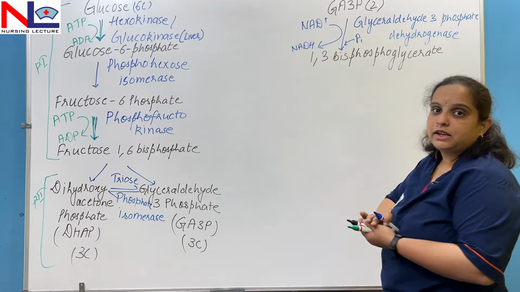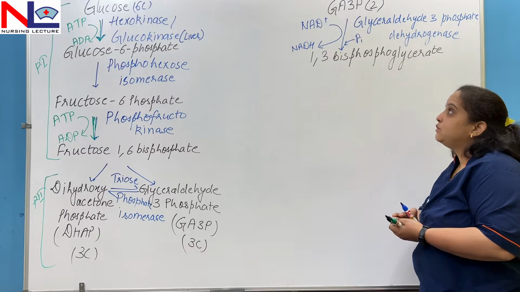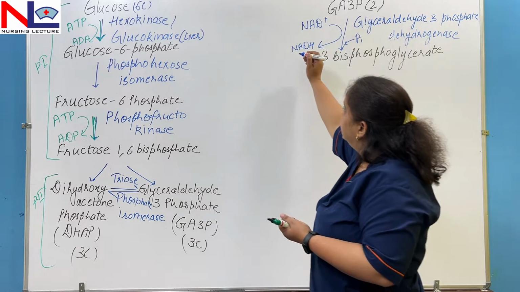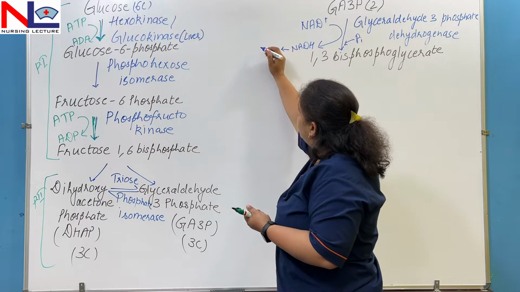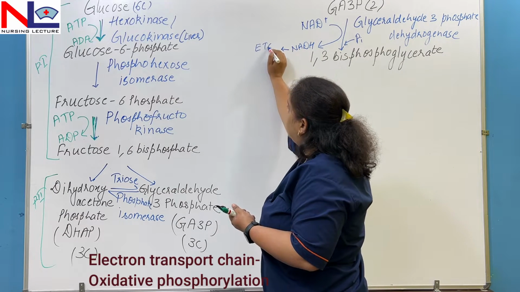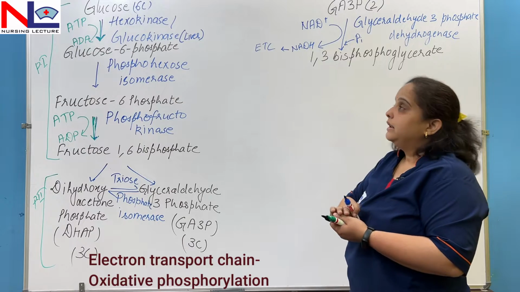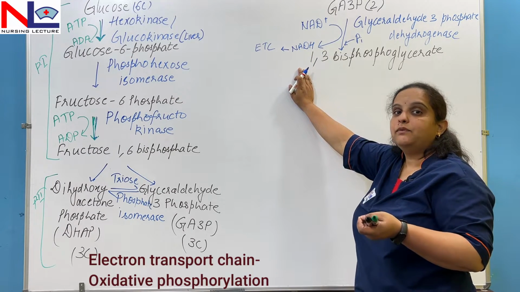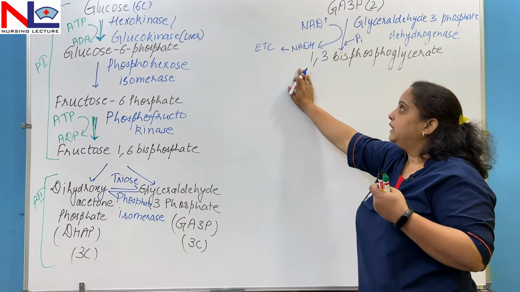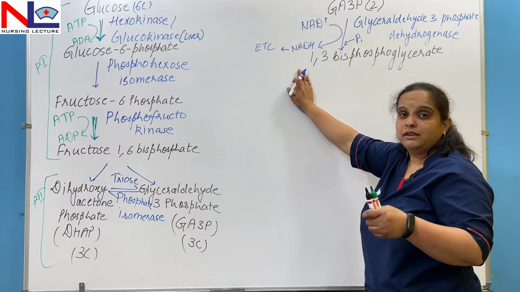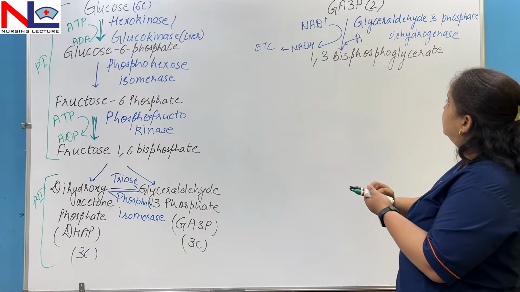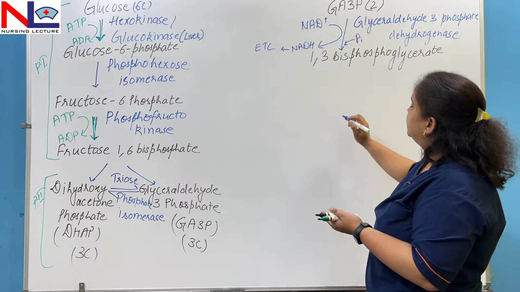NAD+ is the coenzyme that is reduced to NADH with the help of the enzyme, and this NADH further enters the ETC, electron transport chain. There it will be converted into ATP in the form of energy, and that can be released through this process.